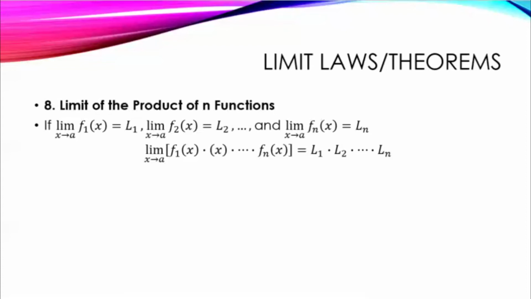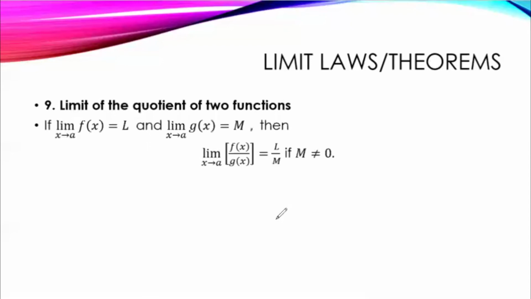Okay, for the next theorem, the limit of the quotient of two functions. Now, this states that if the limit of f of x is equal to L as x approaches a, and the limit of g of x is equal to m as x approaches a, then this one holds.